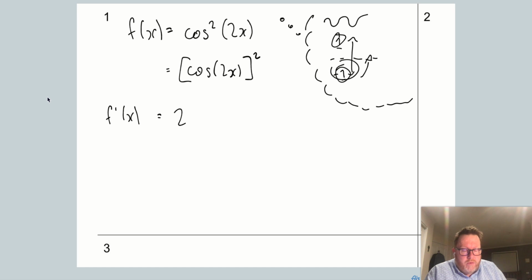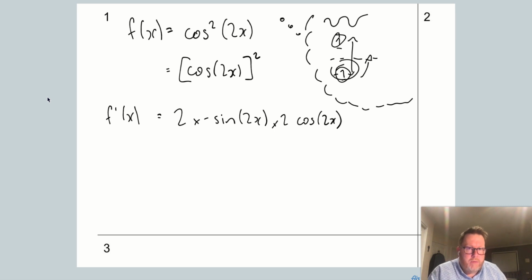Then the derivative of cos with respect to 2x is negative sine, so I multiply that by negative sine of 2x. And then the derivative of the square is 2 multiplied by whatever's inside the square, so I multiply by 2 cos 2x and subtract 1 from the power. So that's the full derivative there.